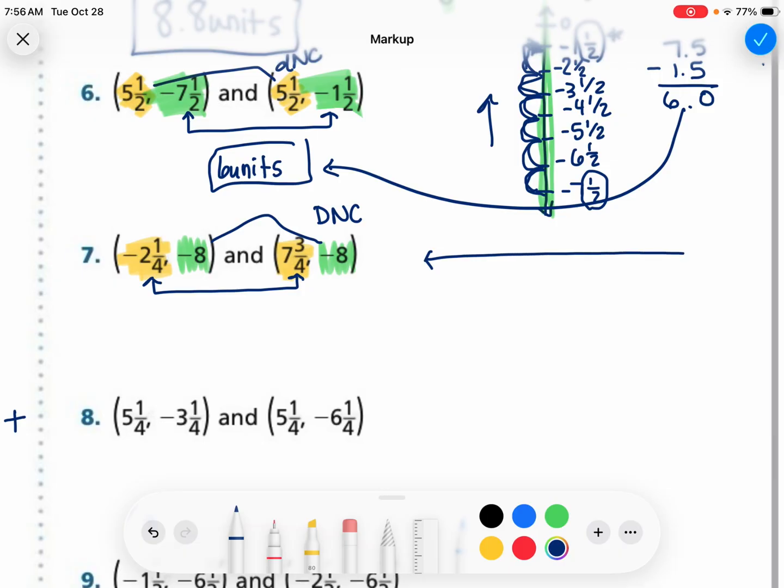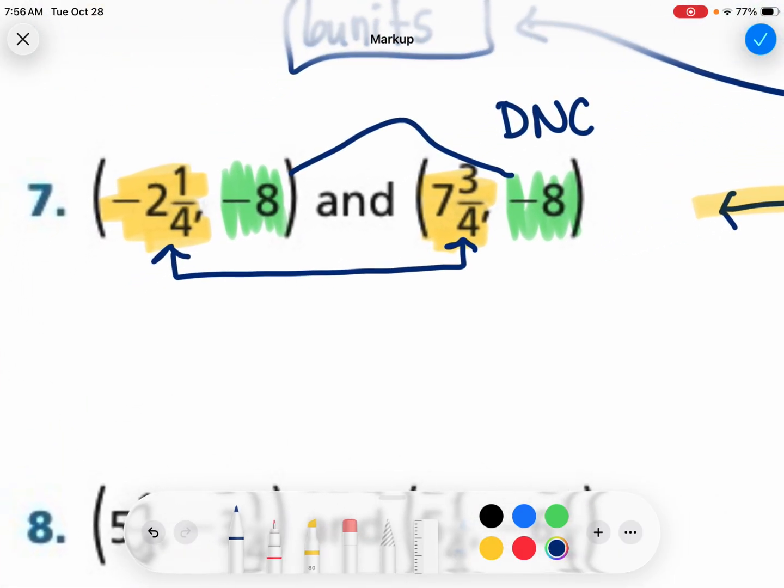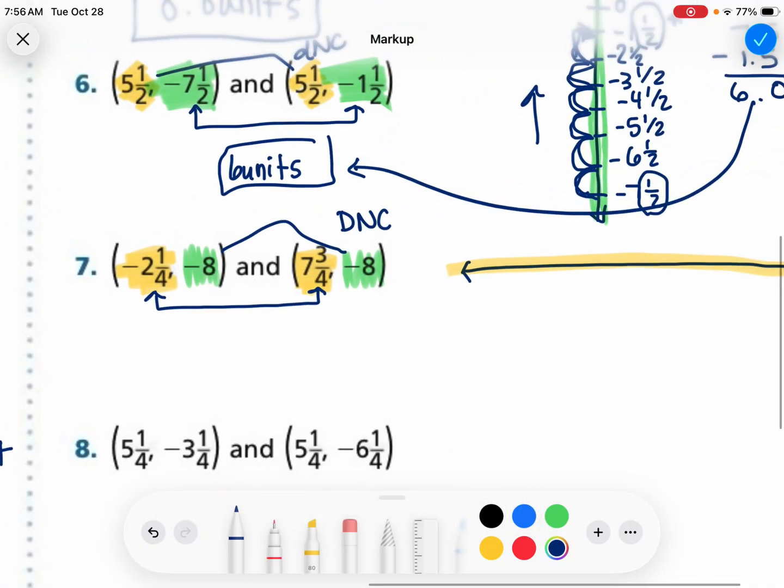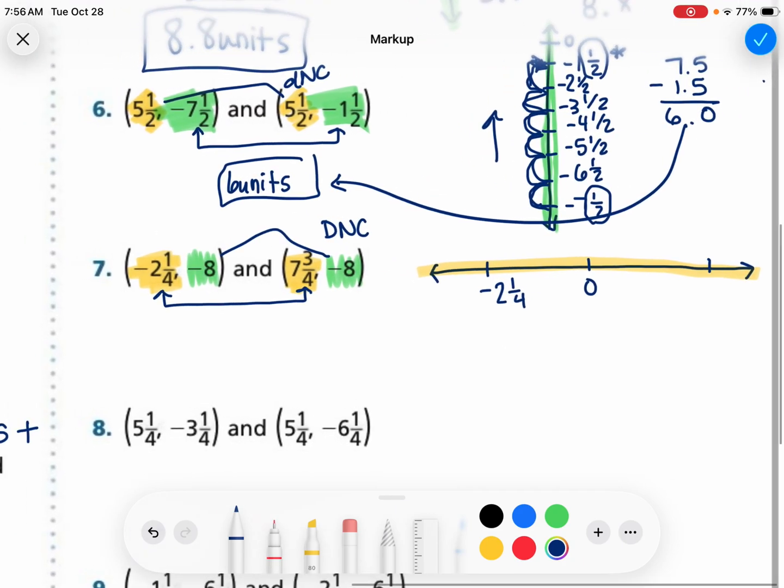Remember, my x-axis goes horizontal. And did I cross 0 or no? Well, yes, because -2 1/4 is before 0. I'm going to have to cross 0. And then I'm going to do 7 3/4.